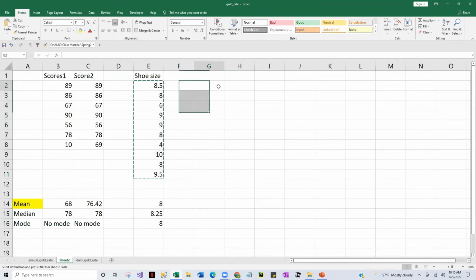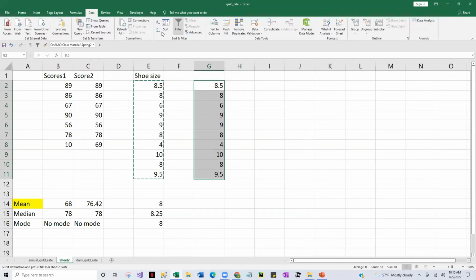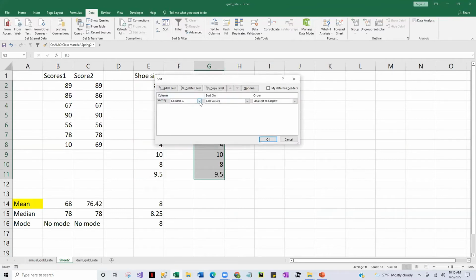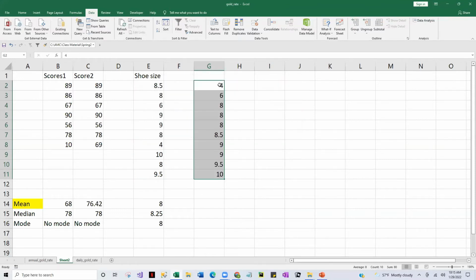So when we are going to find the median, we need to find the midpoint. In order to find the midpoint, you need to sort the data. So I'm going to sort the data in Column G. When you're finding the median, you need to sort the data and find the middle point.